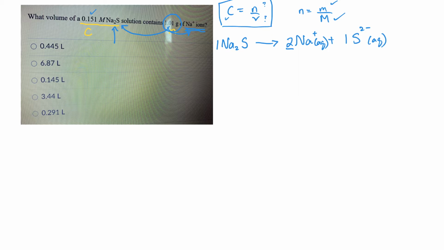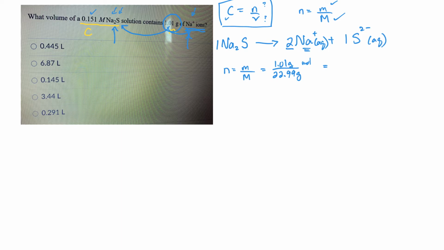So what I'm going to do first is figure out how many moles of sodium ions I have. Moles is equal to mass over molar mass. The mass is 1.01 grams, and the molar mass here is just of sodium ions. Rather than using sodium and sulfur, which I might need later, I'm just going to use sodium, which is 22.99 grams per mole.